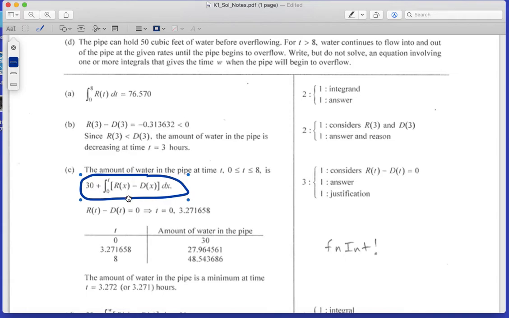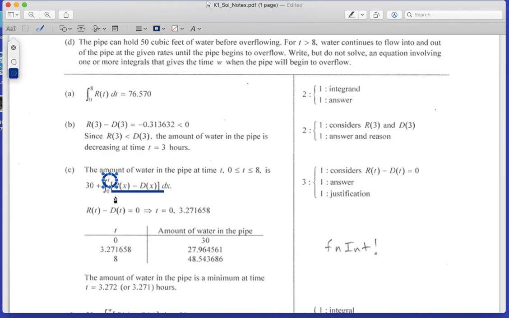Let's talk about the integral first. We just got done talking about this being the overall rate of change. And what do you get when you integrate an overall rate of change? You get the amount of change. That's the amount of change of water in the pipe between time 0 and time t.